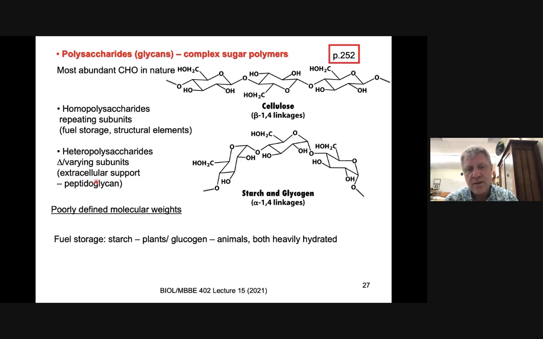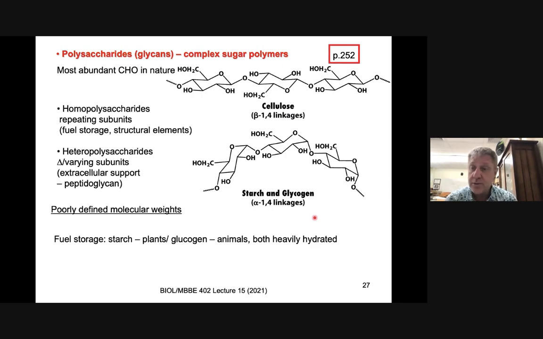But the interesting thing is with these polysaccharides, particularly what we see in cellulose, starch, and glycogen, people ask, how big is that molecule of glycogen? And it's actually a very poorly defined molecular weight. Usually, I think the nomenclature is that they have to have more than 50 subunits to become a polysaccharide. Go back to our previous lectures in regards to the hierarchy of molecules.